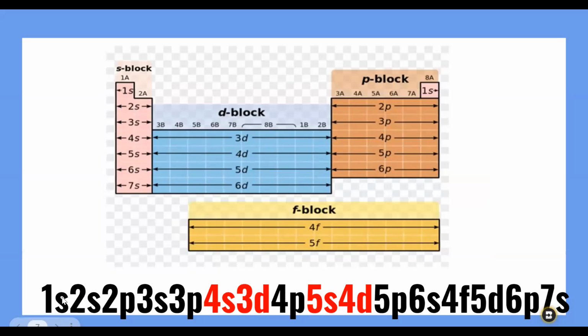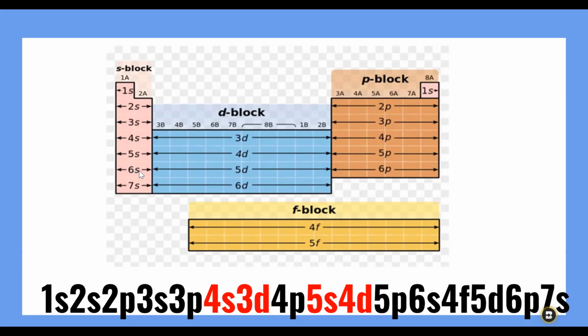We have 1s, reading it like a book: 1s, 2s, 2p, 3s, 3p, 4s, 3d, 4p, 5s, 4d, 5p, 6s, then this row is supposed to fit in here.